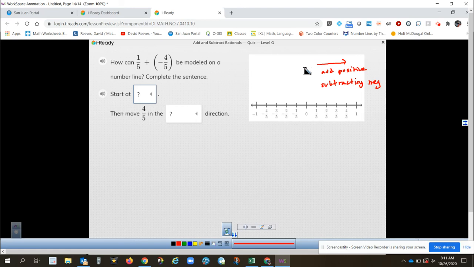If you are going to the left, that is the same as adding a negative or subtracting a positive. So if you look at this one, the first one is positive, so that would go to the right 1/5, and then we're at -4/5, and that would go to the left. So that's one thing, or I guess it's four things you need to remember.